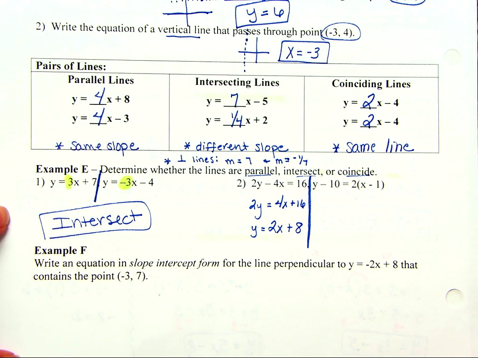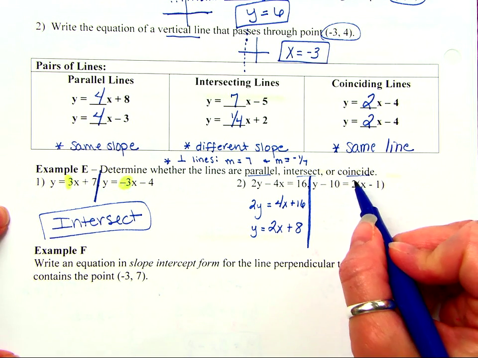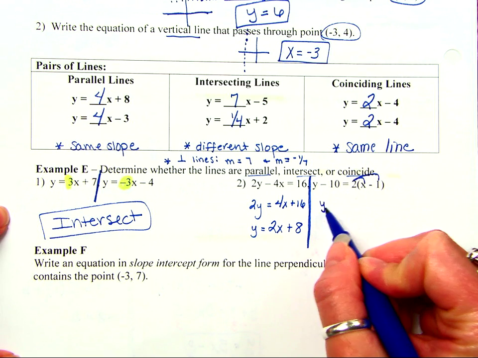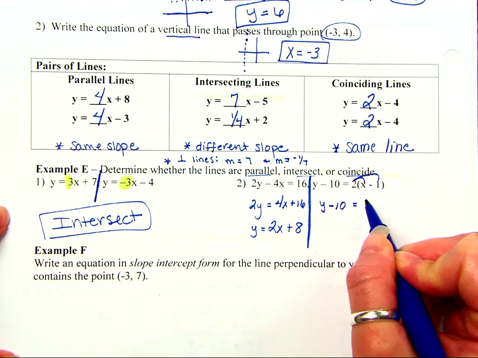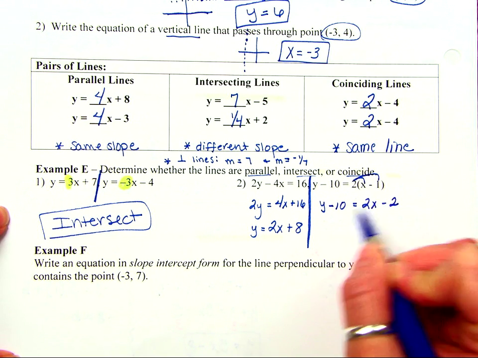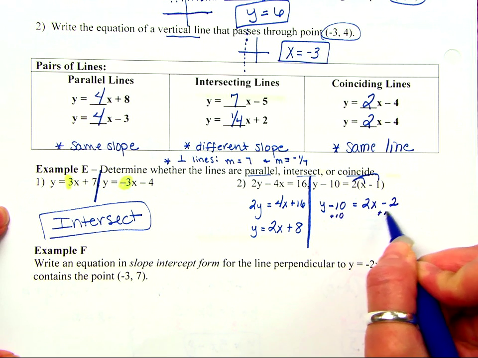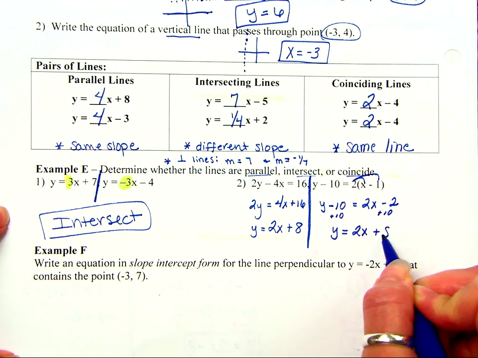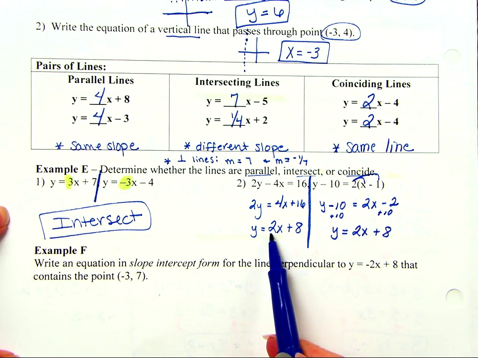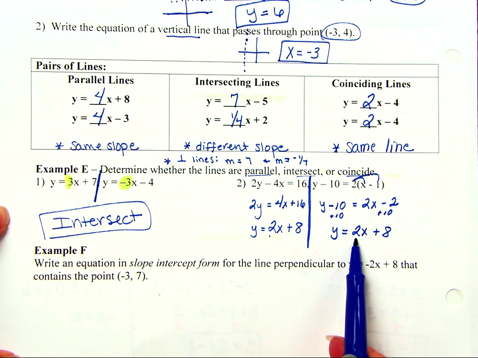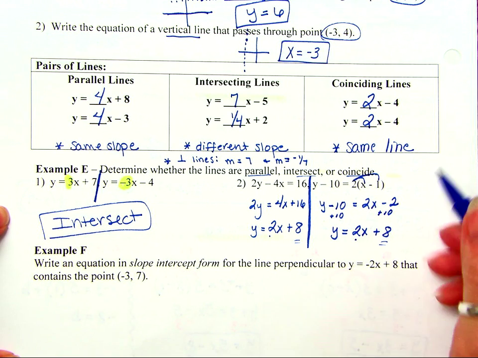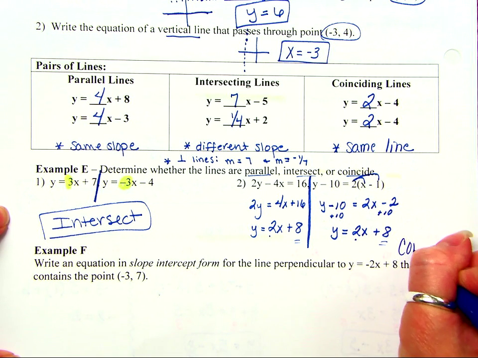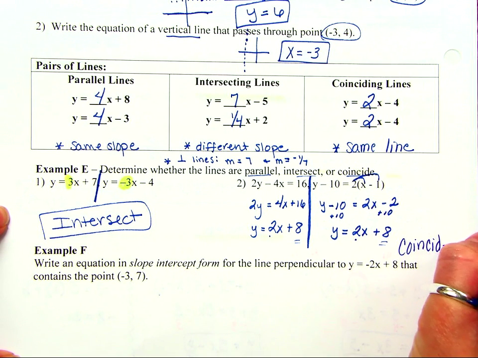Now the second equation is written in point-slope form. But again, I need to make sure that it is all written in the same form, so I need to go ahead and simplify. And what I find is not only do I have the same slope, but I have the same y-intercept as well. And so these are actually going to be the same line.